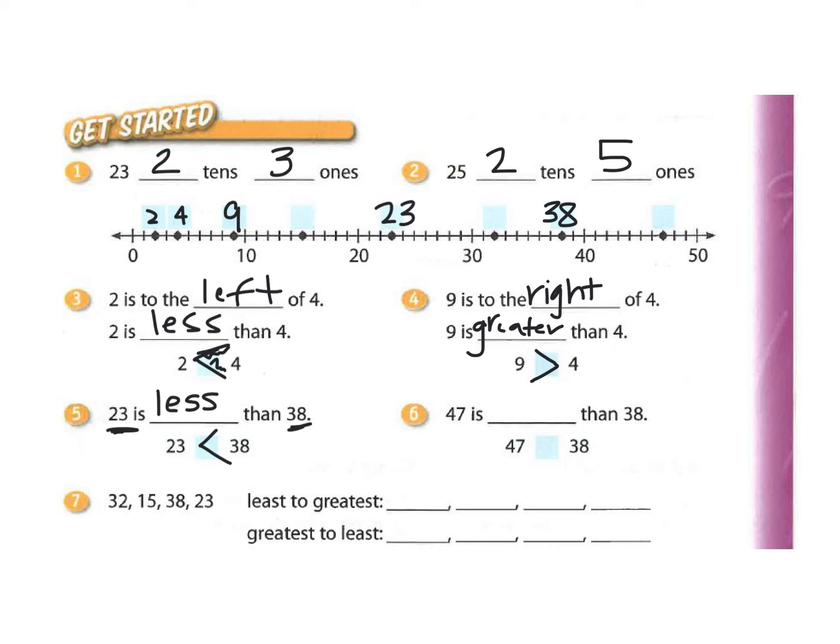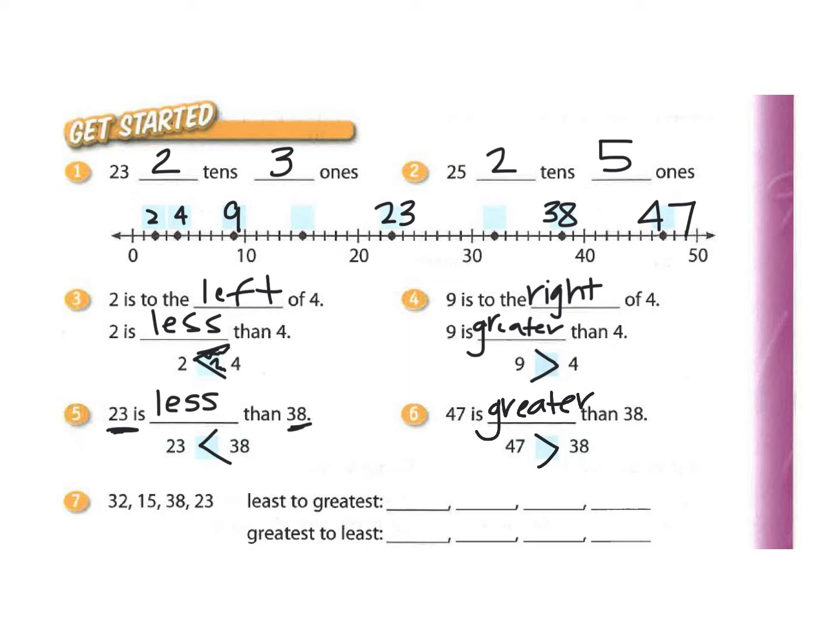And then it's asking us for 47, is it greater than or less than 38? Well, it's to the right of 38. 47 is greater than 38. So we would write it like that, greater than.